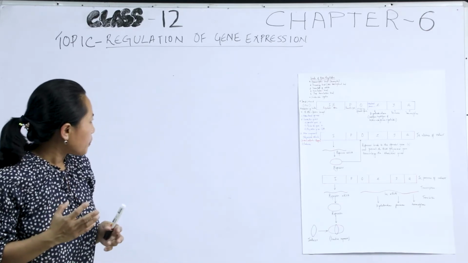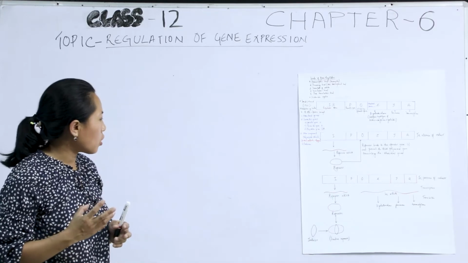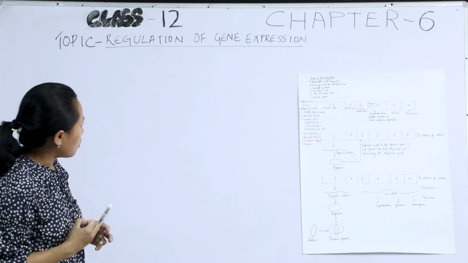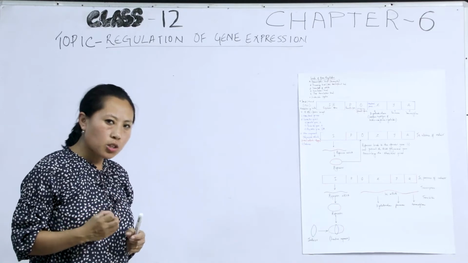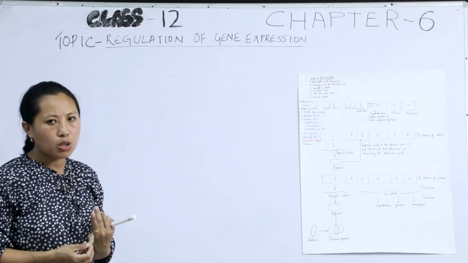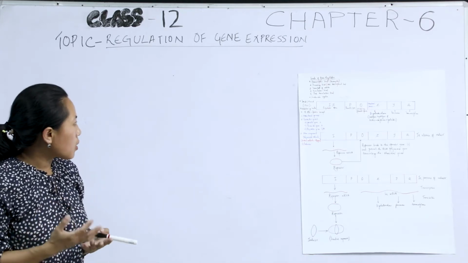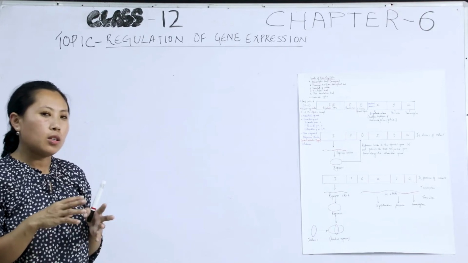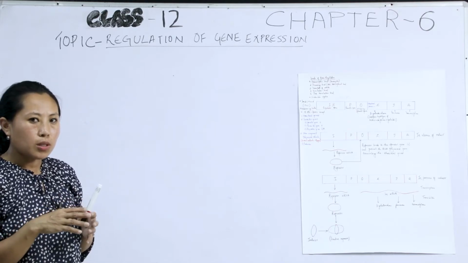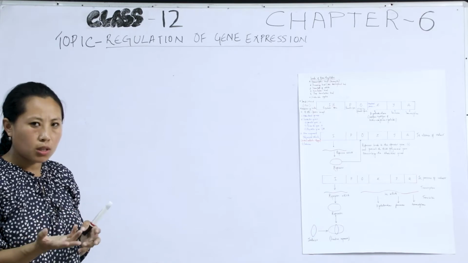Regulation of gene expression can take place at different levels. It can take place at the level of transcription, when mRNA is being synthesized from DNA, or at the post-transcriptional level, when the mRNA transcript is undergoing processing to make it active, to make it mature, and to make it more stable.